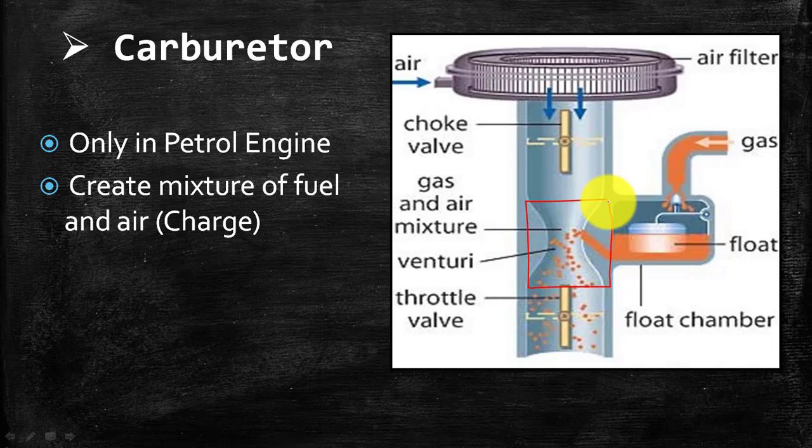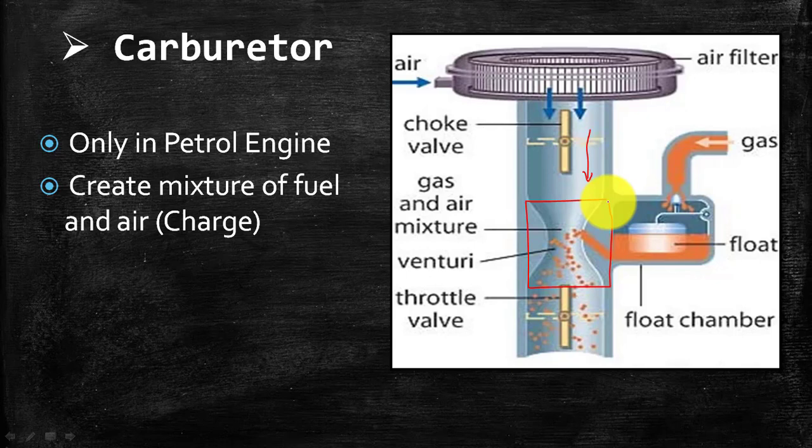So when the suction stroke occurs, due to this vacuum created inside the cylinder, the airstream starts moving in this direction. Now again, here we have a gradually decreasing area in this venturi, or you can say nozzle shape.